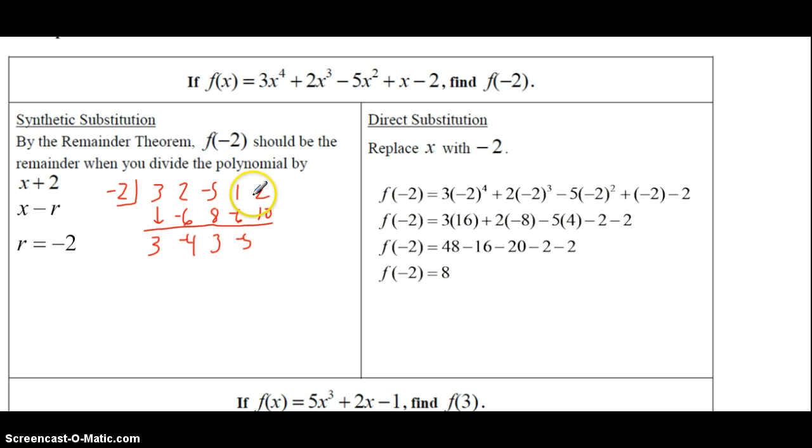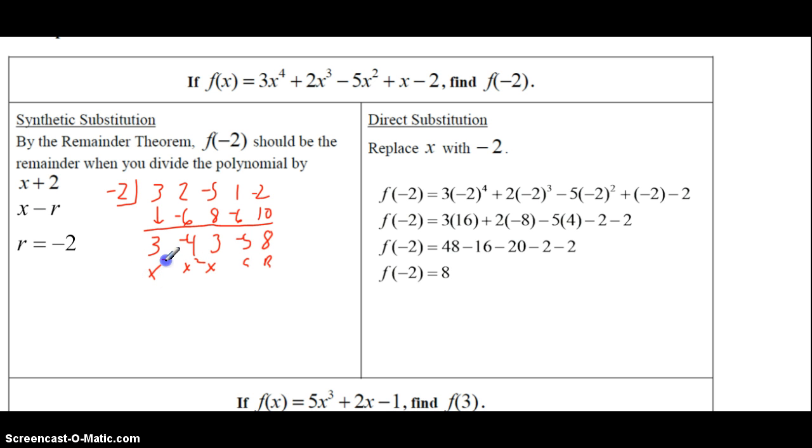And you can see the result that we ended up with. Oops, that's supposed to be a negative 2 right there. Okay, so the result that we ended up with was 8 for the remainder. There's our constant term, there's our x squared, and our x cubed.